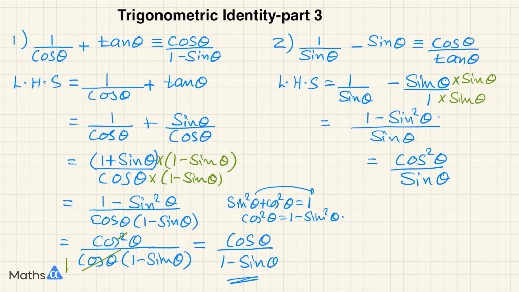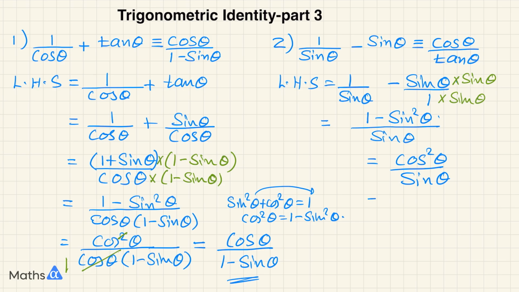Now look at this expression. We need to get this. What we always have to do is rearrange this result to get the result on the right hand side of the identity. I can see cos theta in the numerator, but we have cos squared theta at the moment. I'm thinking how we can get just cos theta in the numerator.